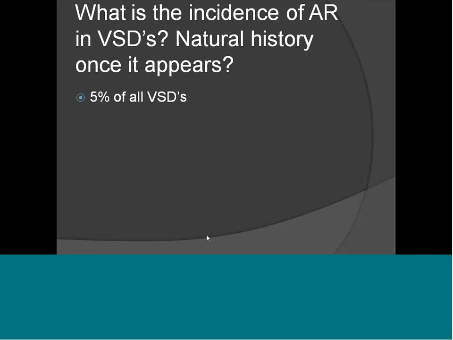Now, once cusp prolapse happens and AR develops, what is the natural history? How quickly does it progress from mild to severe? Over months, over 2-3 years, over 5-8 years? What do you think?